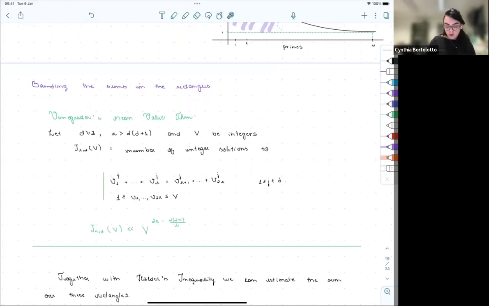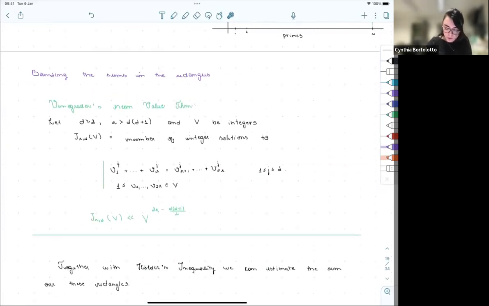For every j between 1 and d, we have v_1 to the j plus ... plus v_r to the j equals v_{r+1} to the j plus ... plus v_{2r} to the j. We want to count how many solutions we have to that.